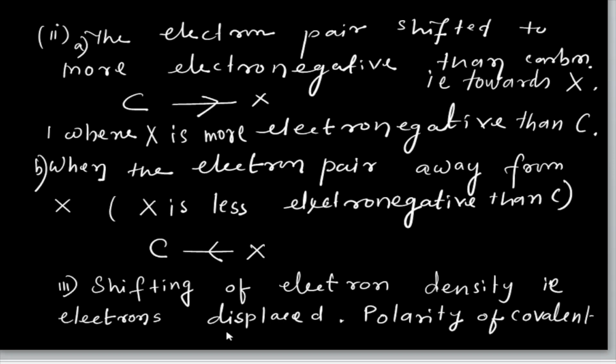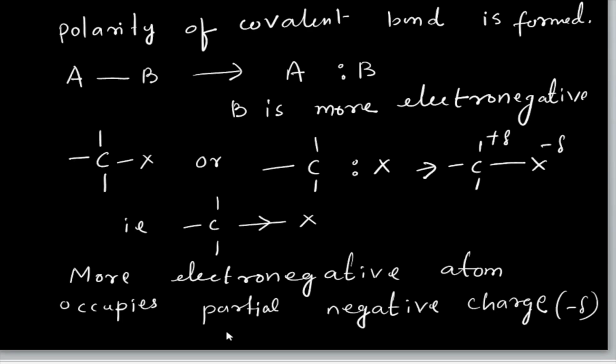Since carbon is more electronegative than X, the direction of the arrow changes, from halogen or from X towards C. This shifting of electron density is electron displacement. Either X is more electronegative or carbon is more electronegative, there is no problem, but movement takes place towards the more electronegative atom.